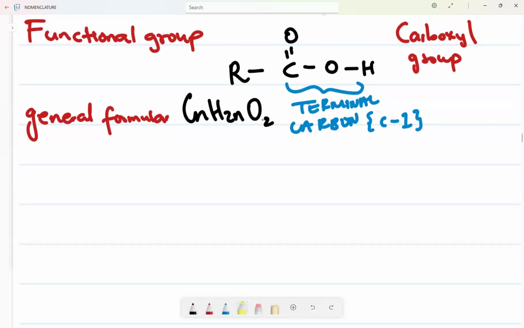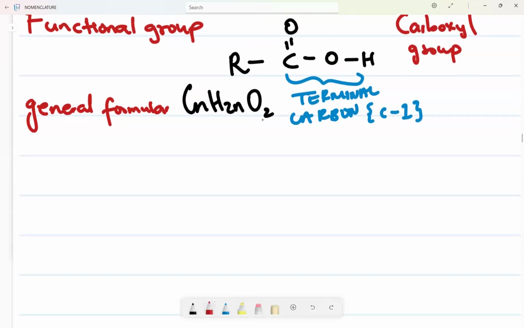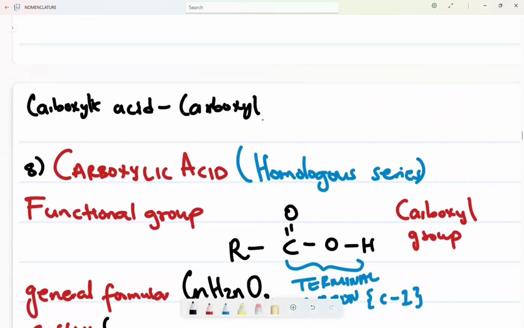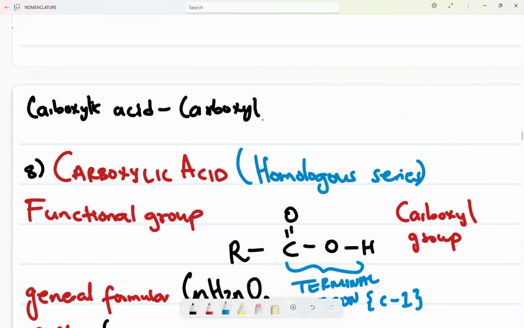Then now the suffix, can you guess the suffix? It will be a little bit tricky to guess the suffix for this one. Can I say it ends with carb, lic, or oxy? No, rather it will end with oic acid. Ic acid, but oic acid.